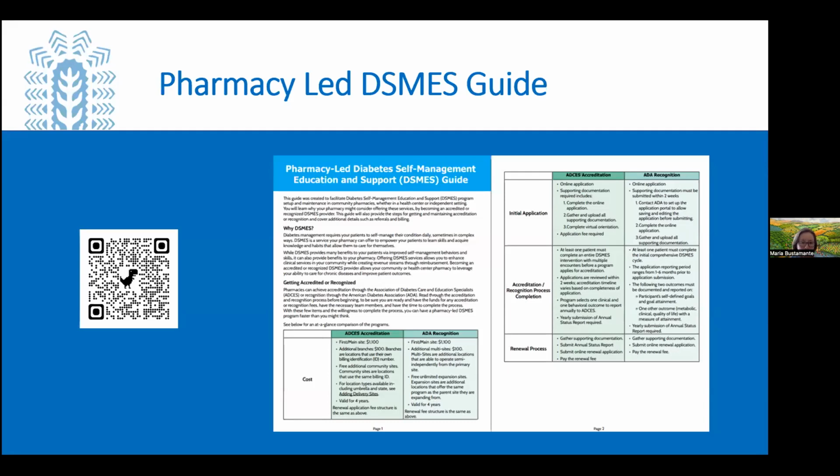And it goes over the cost, the initial application, accreditation process, renewal, and at the same time, it goes over all 6 standards. And take into consideration, the standards are all the same for both processes. So they use the same standards, right? They use the same standards for both accreditation and recognition.